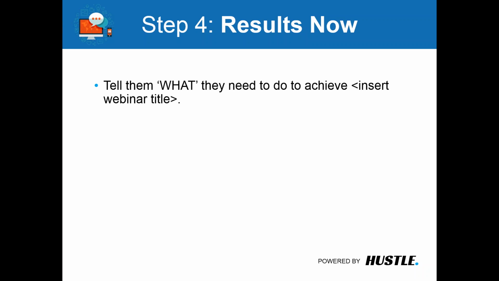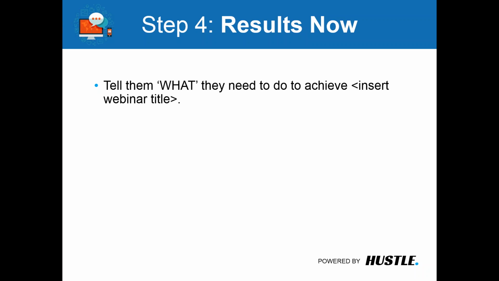Okay, so what do you do during the results now? You need to tell them what they need to do to achieve whatever your webinar title was. So again, I'll go back to the tax. I think that's quite a famous example that we did: how to reduce 80% on your tax bill the next time you fill in your tax return.